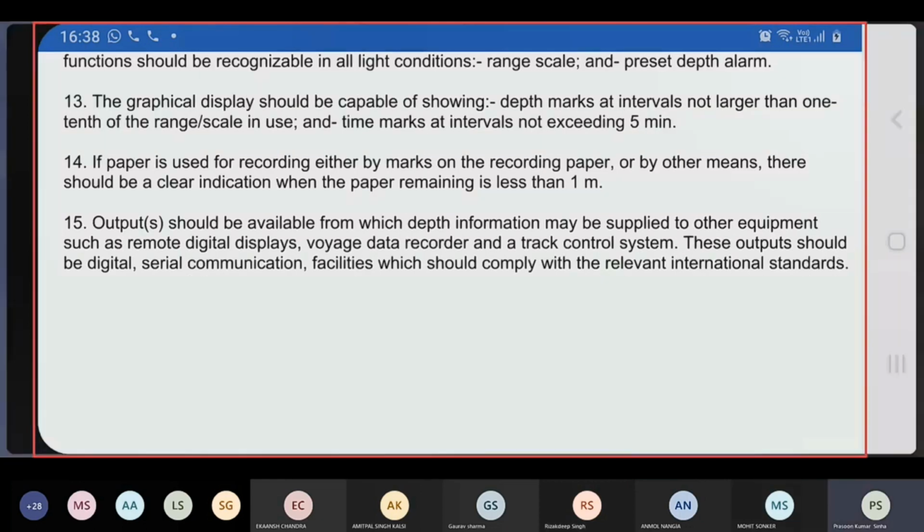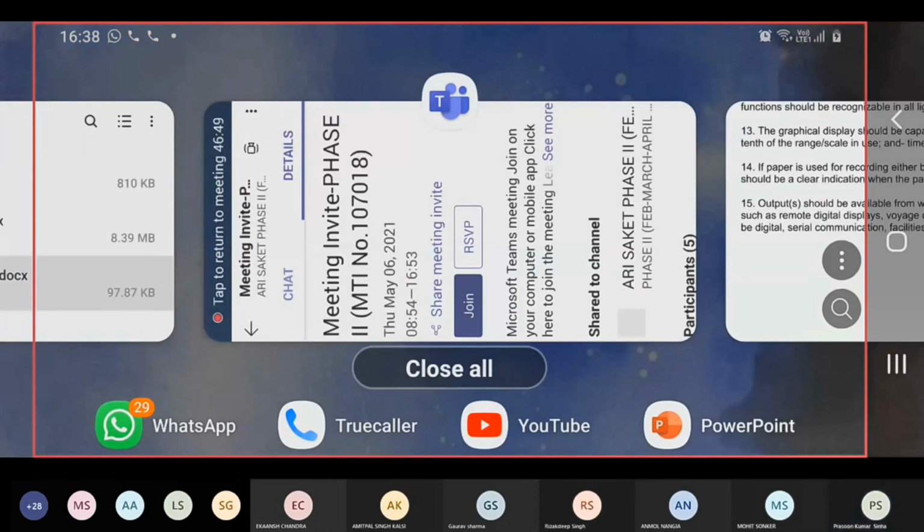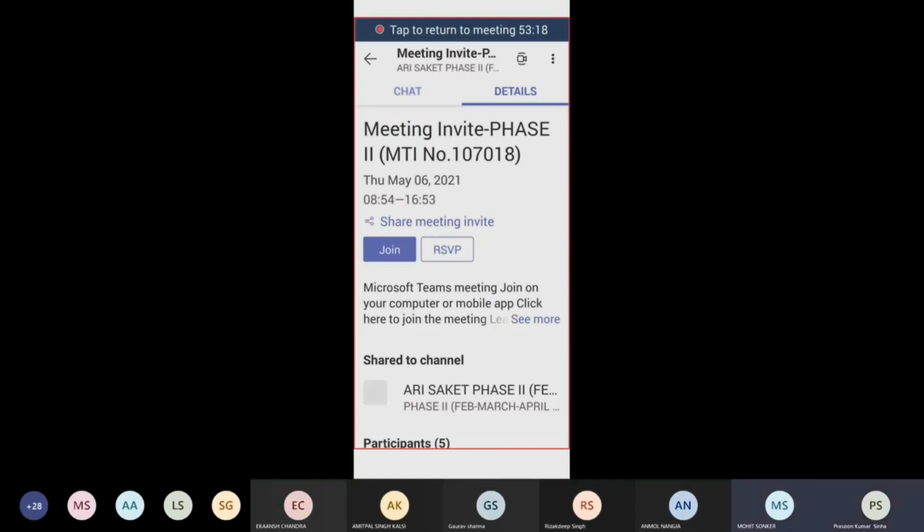I think you have all these documents with you, right? Yes, I have to check. We have got the handout.